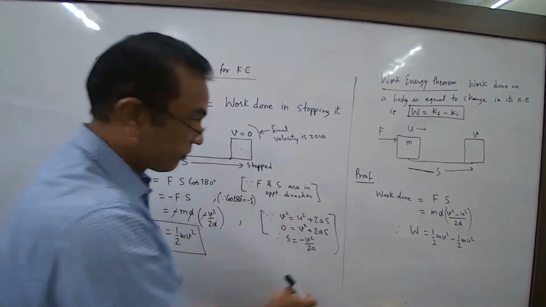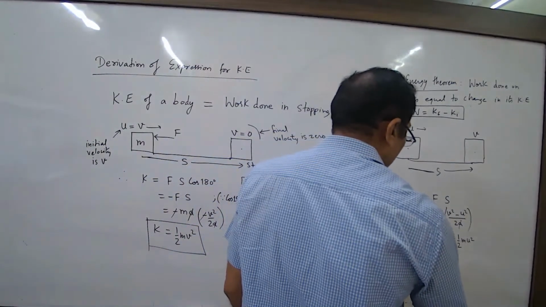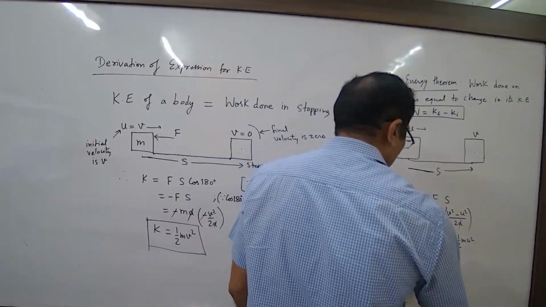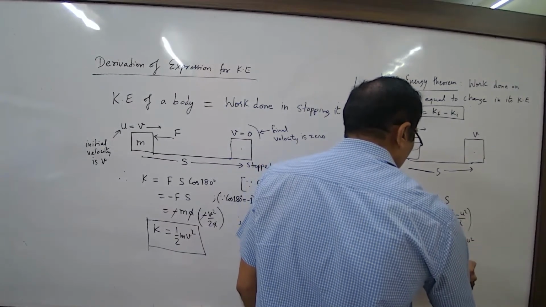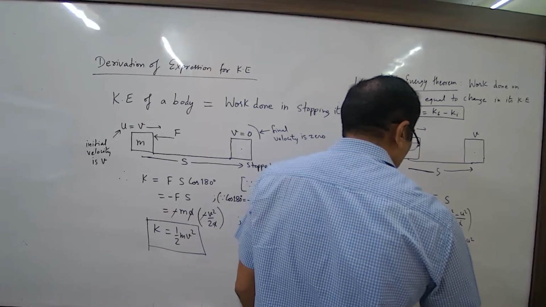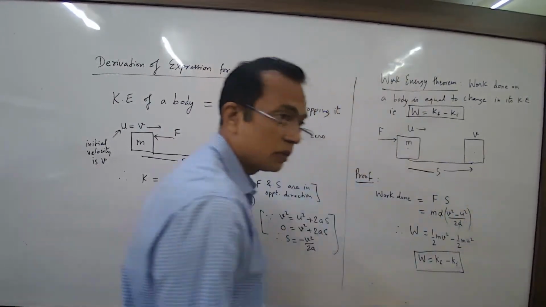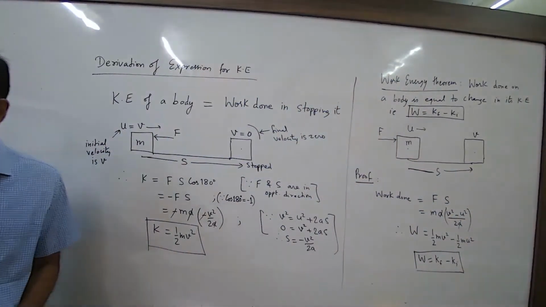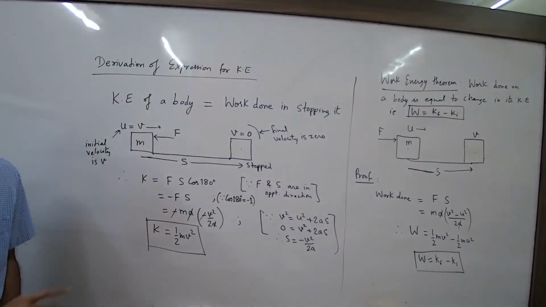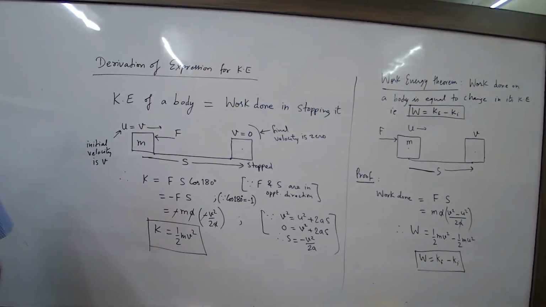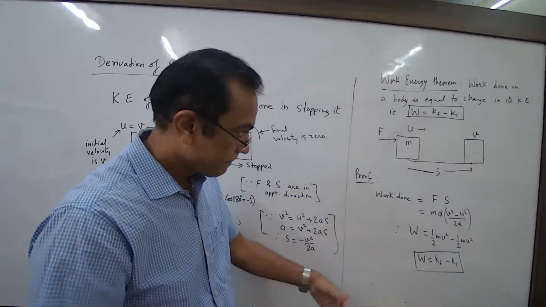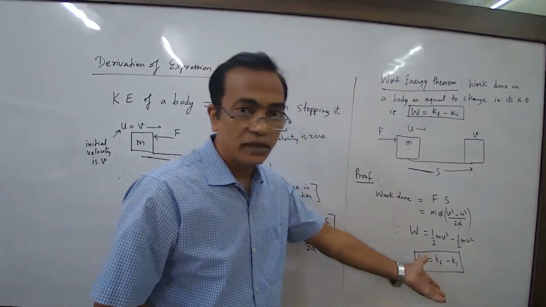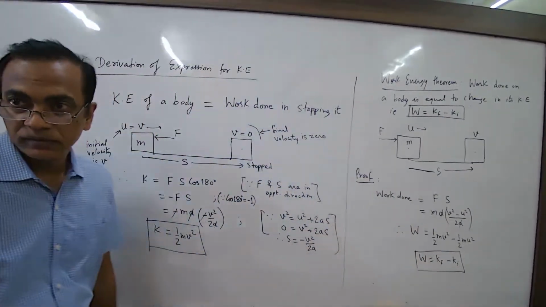So this is nothing but final kinetic energy, because this is final velocity. And this is initial velocity, so this must be initial kinetic energy. This is how work energy theorem is proved. Any difficulty in understanding? Okay. So whatever work was done, it appears as gain in the kinetic energy.